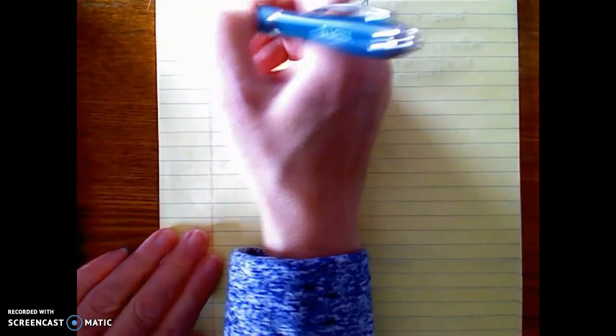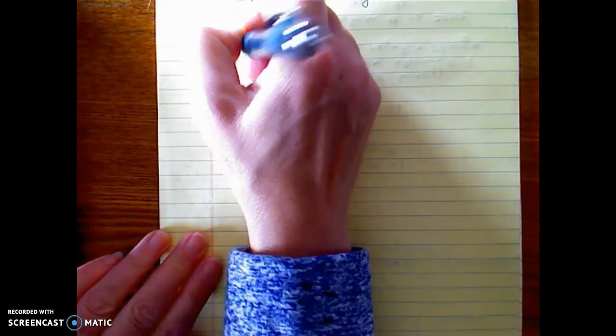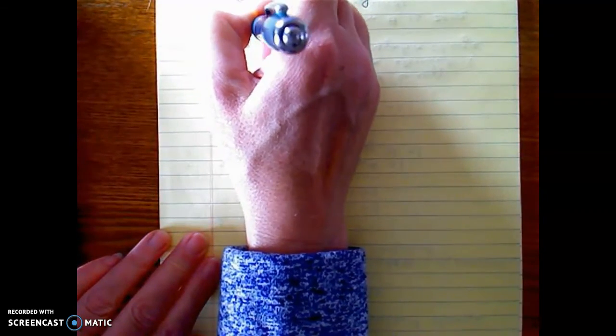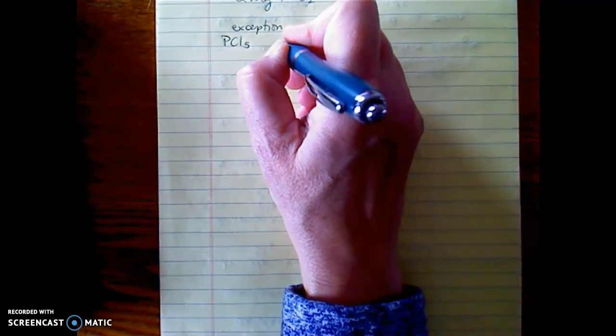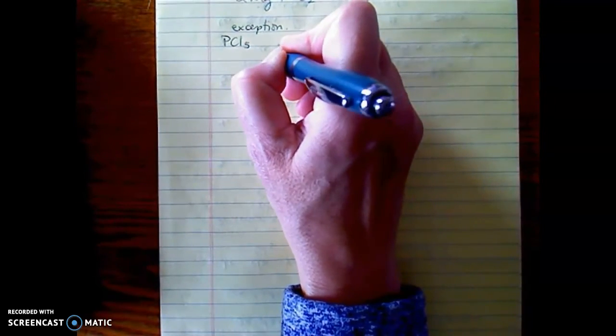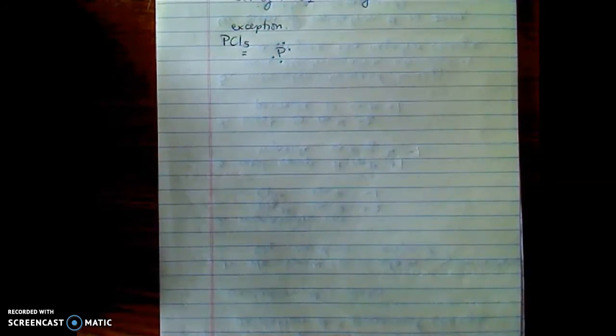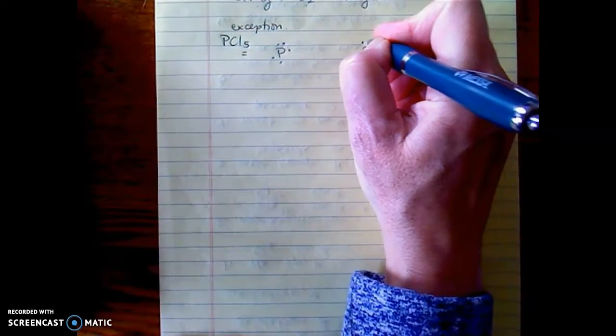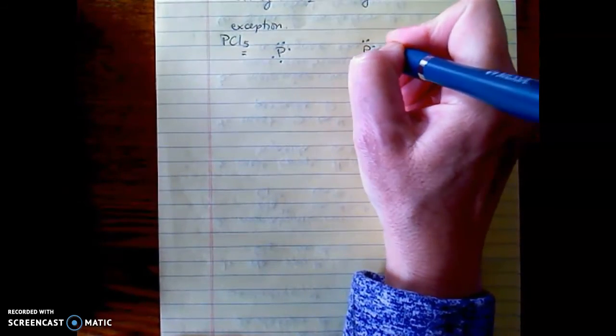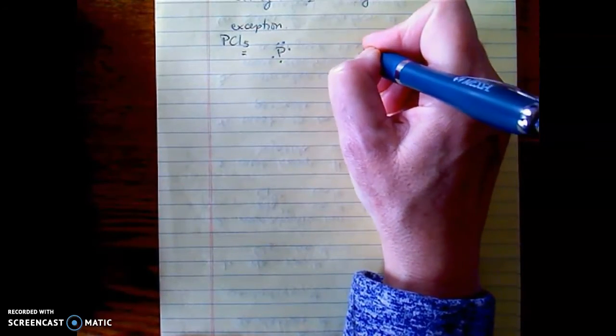All right, next, let's try another example. Let's look at PCl5. Again, I'm going to tell you that it's an exception to the rule. I look at phosphorus. Phosphorus has 5 valence electrons. Look at this. 5 things are bonded to it. So I'm going to rewrite this over here because, oops, that should be a single.